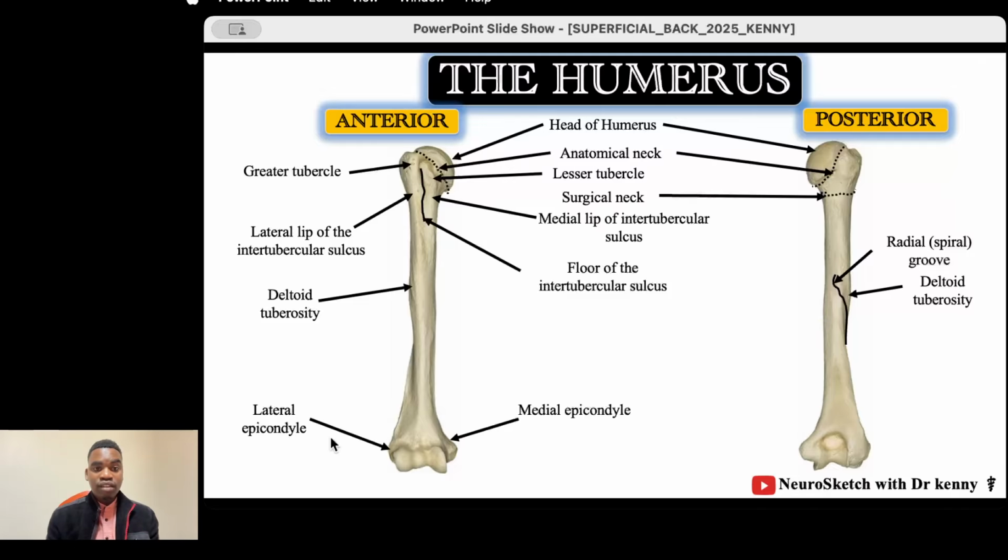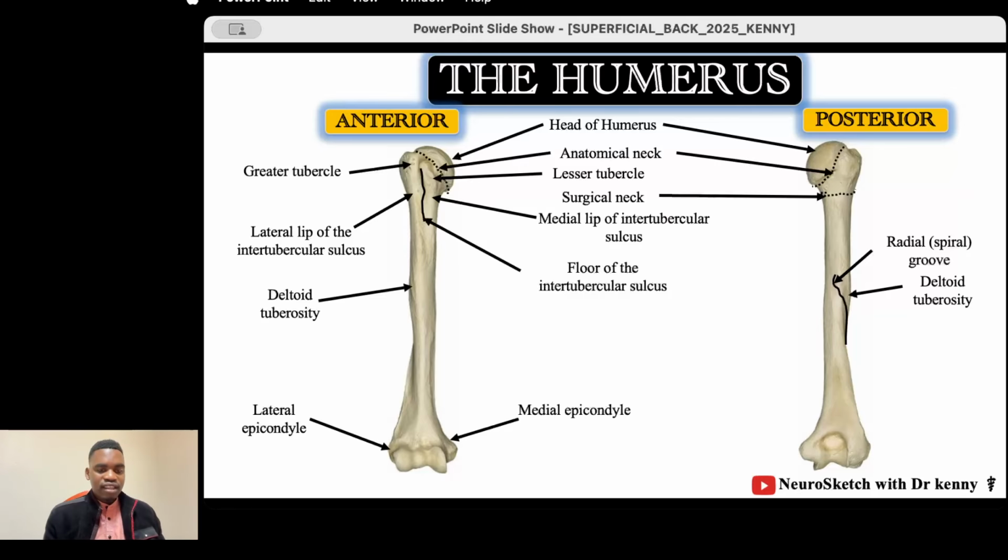Every time you see epicondyle, it is going to be a condyle-like elevation. Listen. These two are condyle-like elevations. Condyle means knuckle, so they are knuckle-like elevations, but we do not really call them knuckles on the humerus; they have their special names.